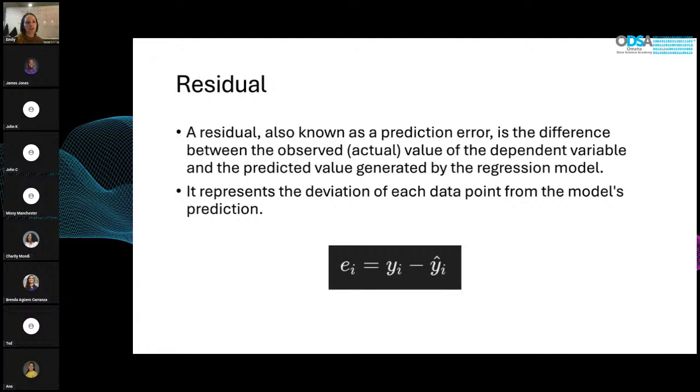It's the deviation at each data point from the model's prediction. So when we're up here and we're calculating errors, this is e1. This is e2. This is e3. So we've been calculating the residuals this whole time. We've just been calling them errors.